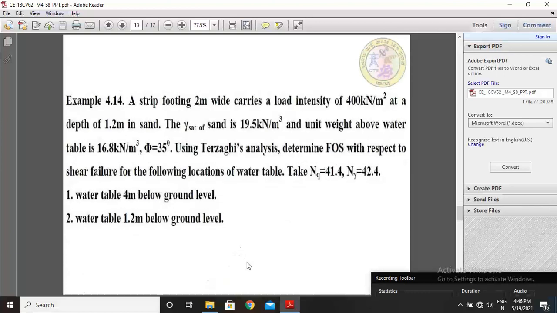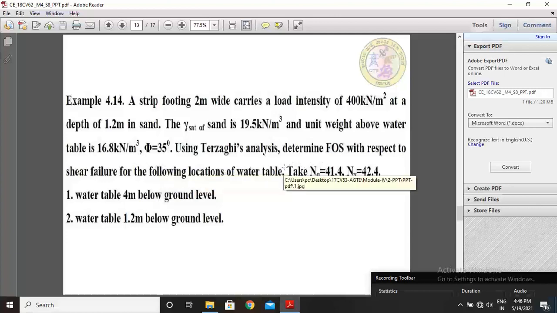Okay, next problem. A strip footing 2 meter wide carries a load intensity of 400 kilonewton per meter square at a depth of 1.2 meter in sand. The gamma saturated of sand is 19.5 kilonewton per cubic meter and unit weight above water table is 16.8 kilonewton per cubic meter. Phi equal to 35 degree.